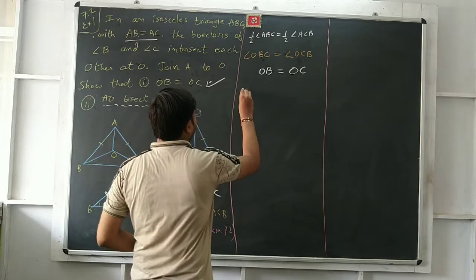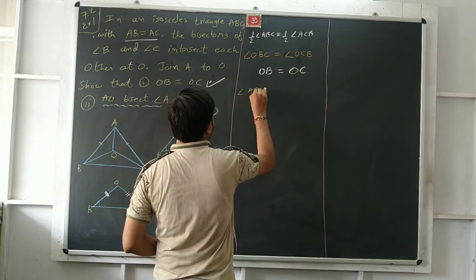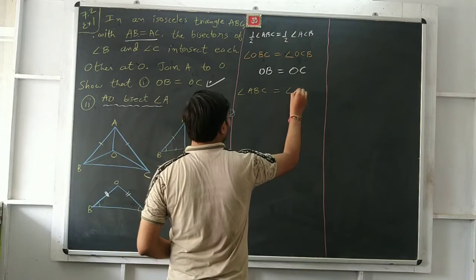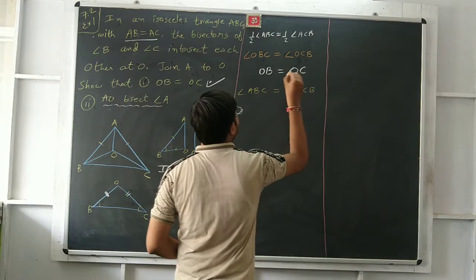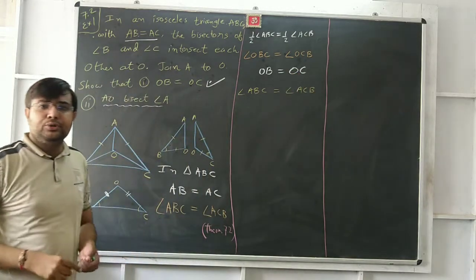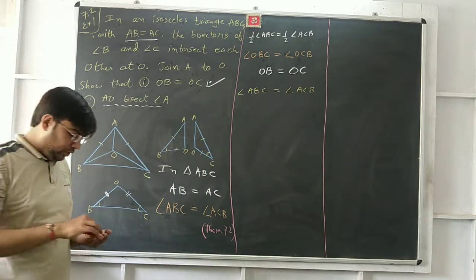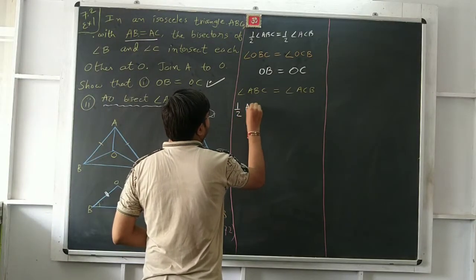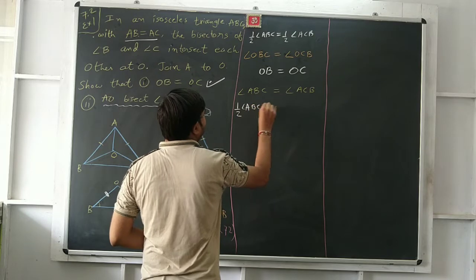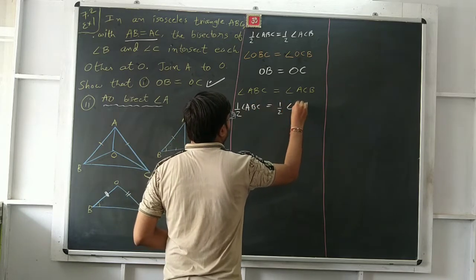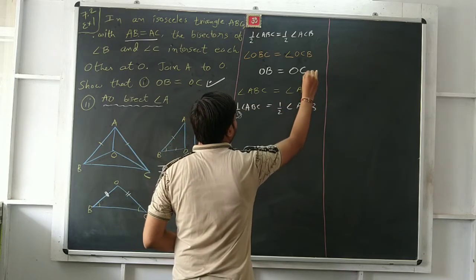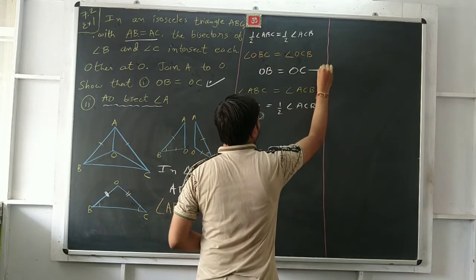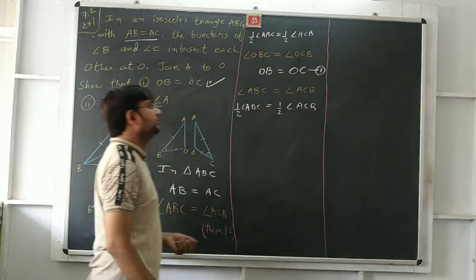I can write angle ABC is equal to angle ACB. We also multiply both sides by 1 by 2. So I can write 1 by 2 angle ABC is equal to 1 by 2 angle ACB.